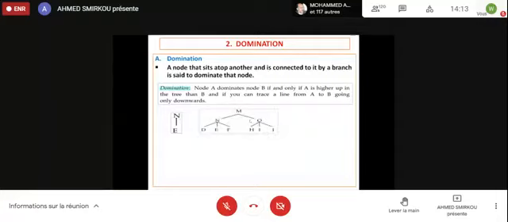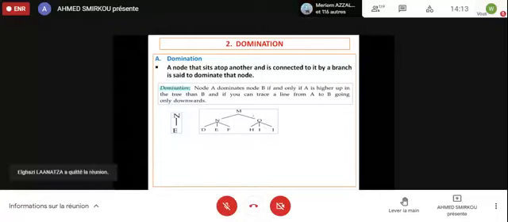So now let's explain it here again. M dominates everything. Please remember, M dominates all the nodes N, O, D, E, F, H, I, J. Why?